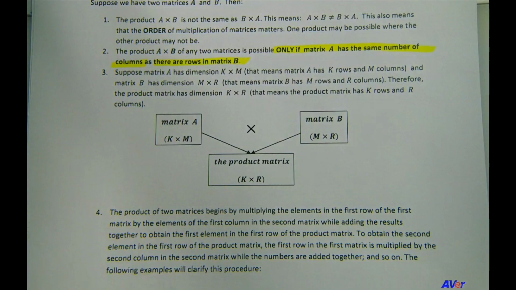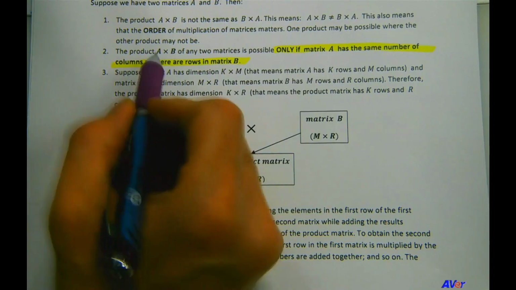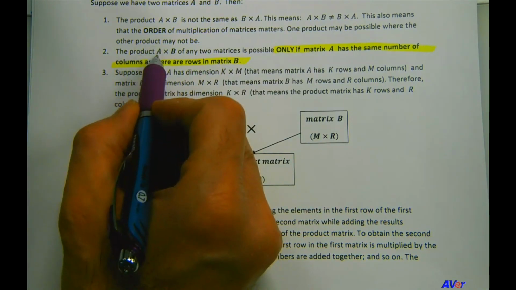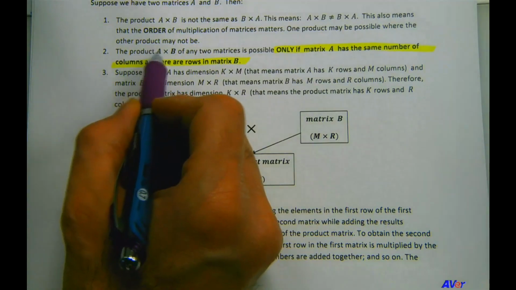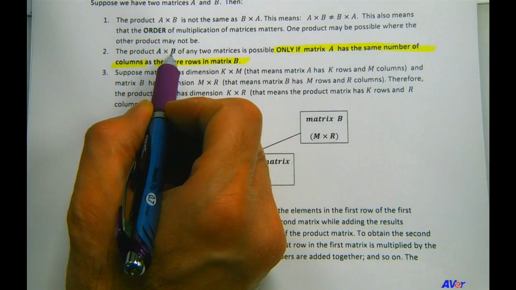Then the next question is, if we can multiply 2 matrices, what is the size of the resultant matrix? The resultant matrix will have the same number of rows, not columns, the same number of rows as A and the same number of columns as B.